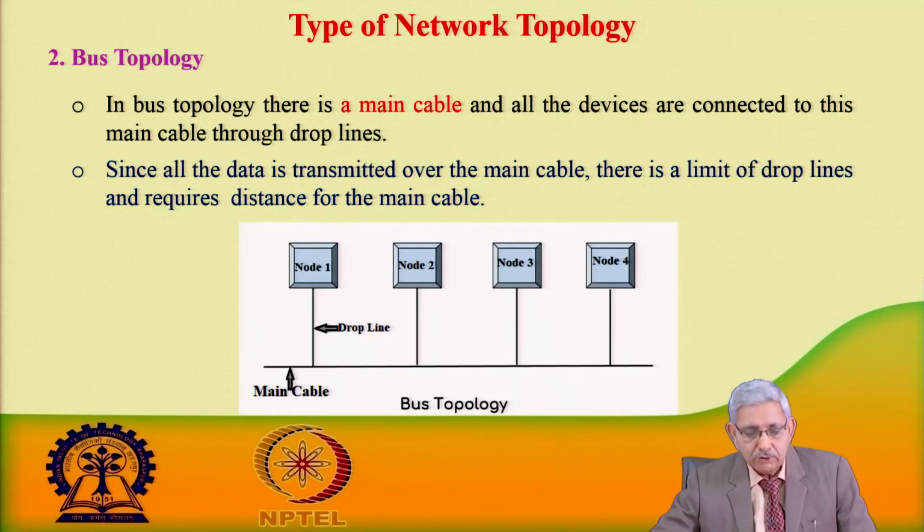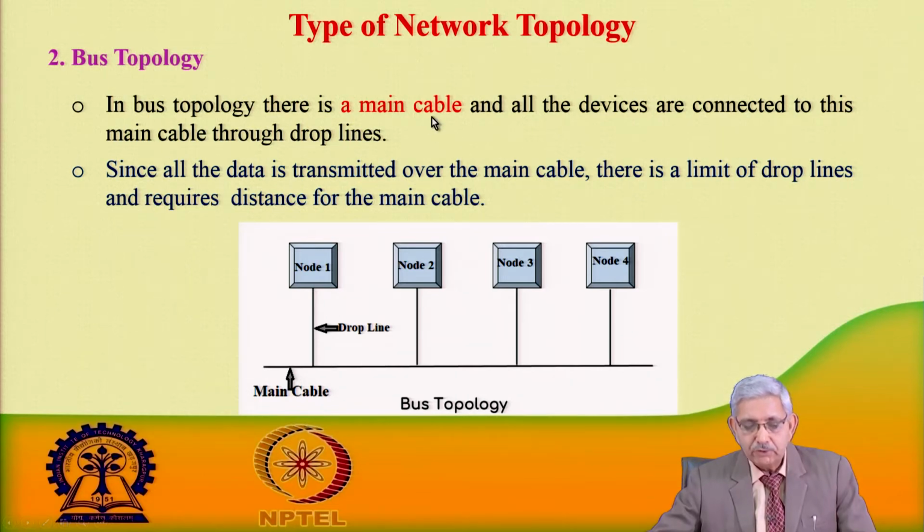So, bus topology is another way of arrangement. Here in the bus topology, it consists of a main cable, and the devices are arranged in a proper order, in a bus manner, and then there is a drop line.